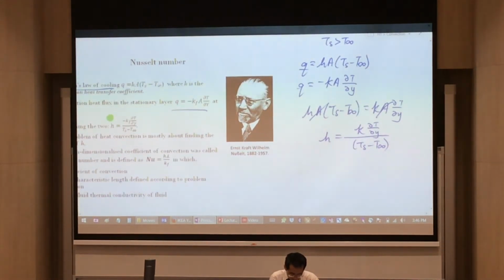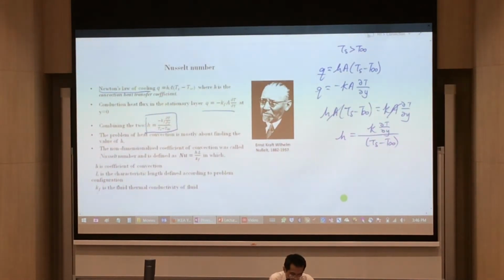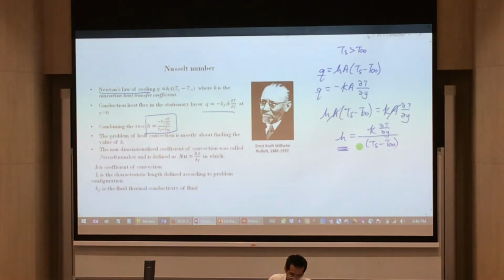So that's how this equation comes about. The problem in most heat transfer experiments, most heat transfer problems, requires us to find out what is the H value. Again, your lab will allow you to have that opportunity.